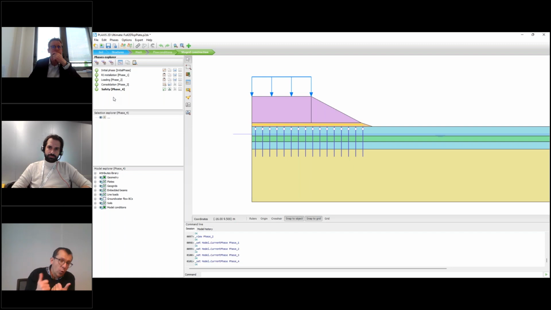And also try to compare it with what one can expect to have mobilized simply based on the horizontal stress distribution. Not the initial one, sorry, but the consolidated one.